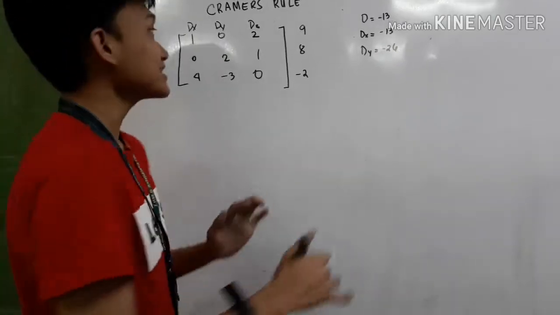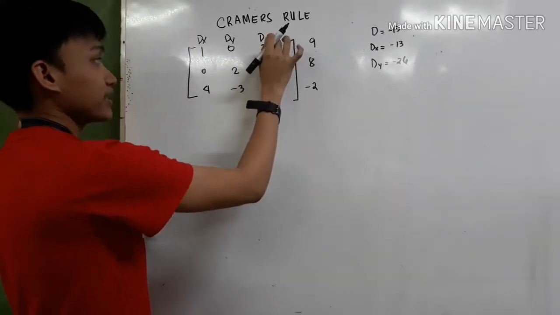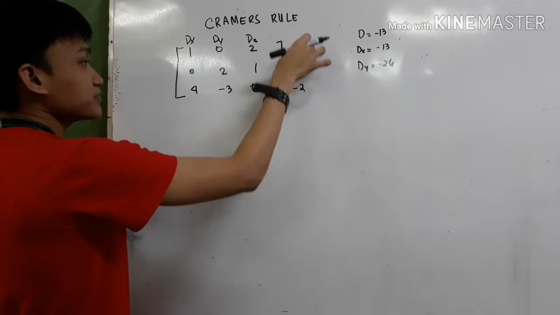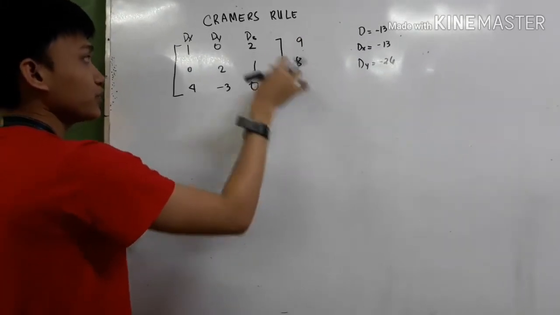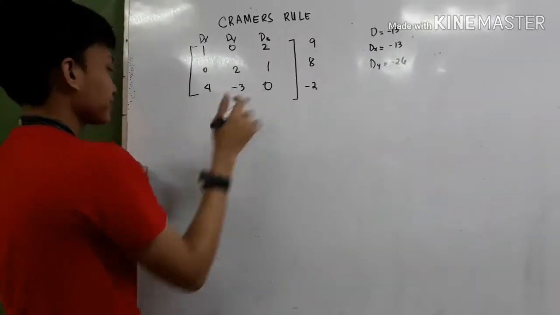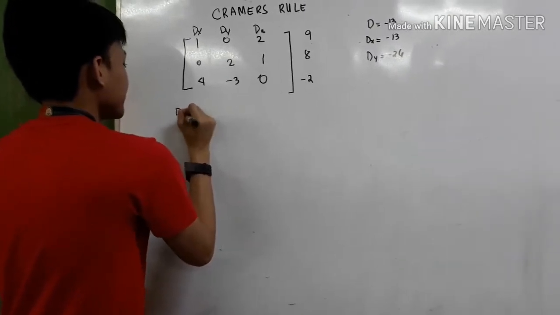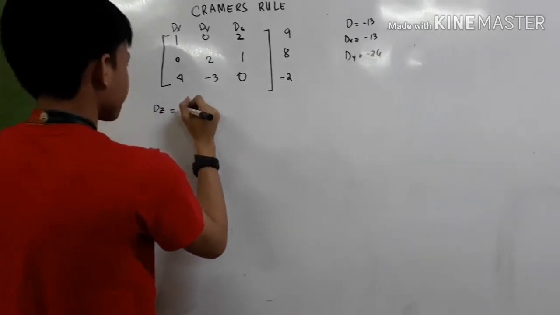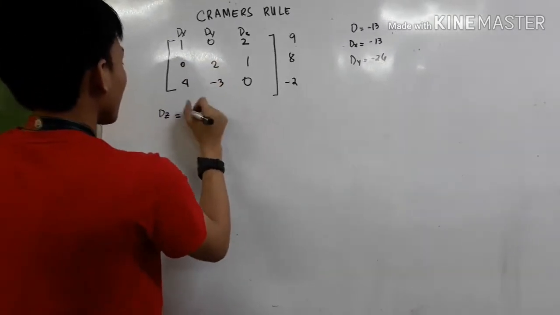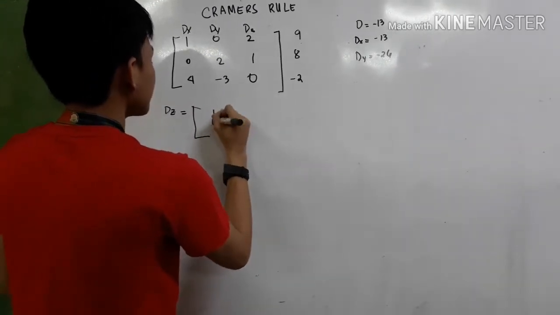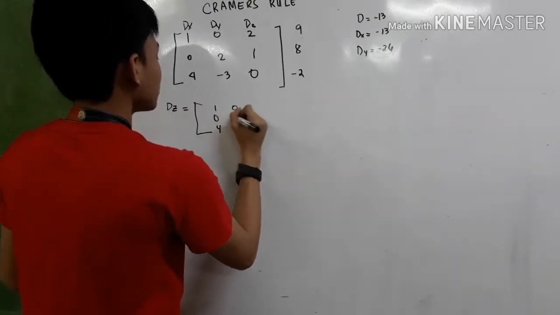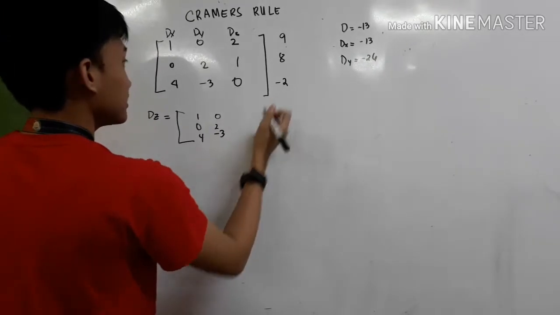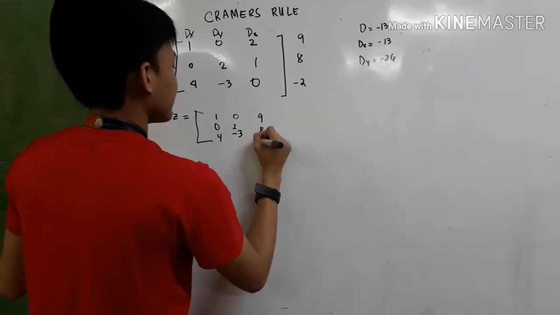So the last is to find the d sub z. So let's substitute the coefficient values into the column of the d sub z. So d sub z is equal to 1, 0, 4, 0, 2, negative 3, then 9, 8, negative 2.